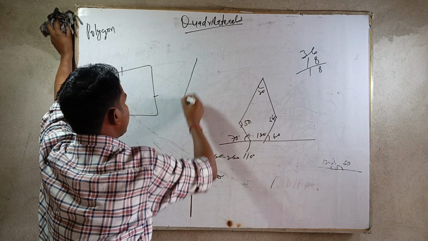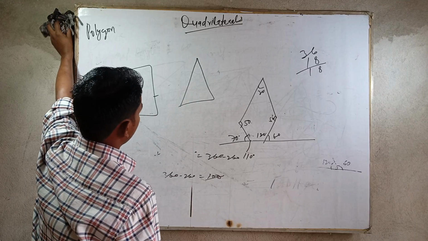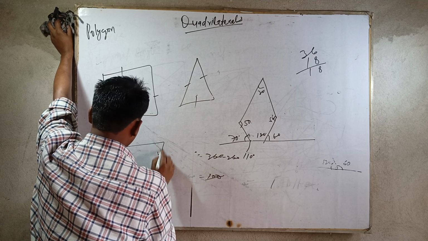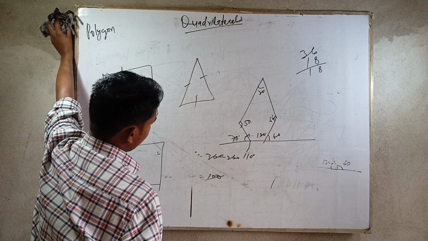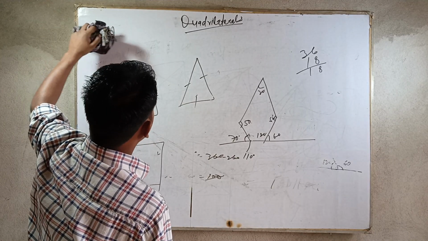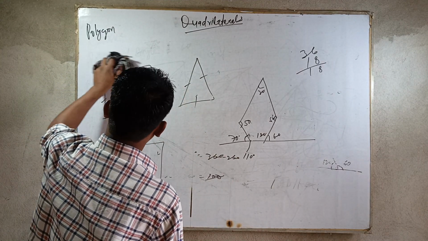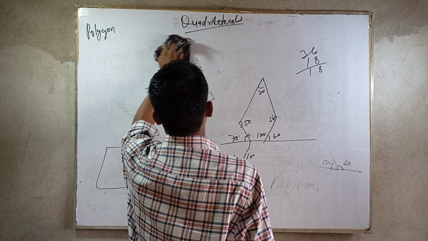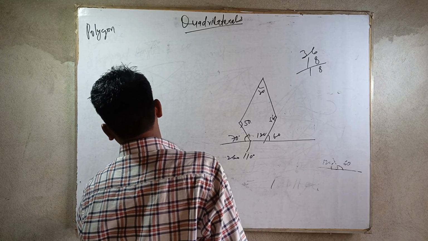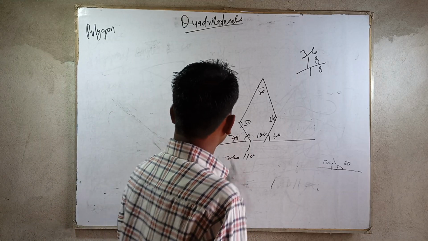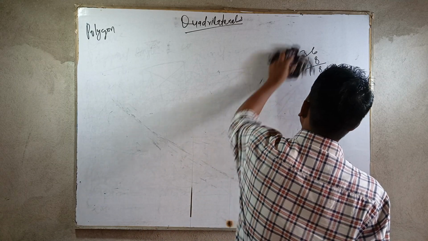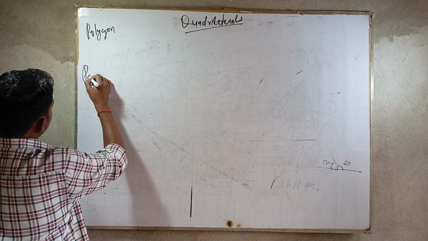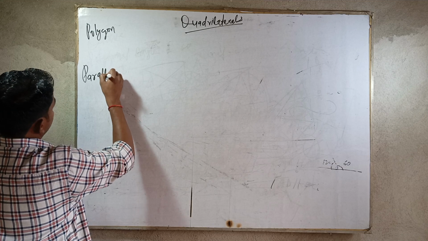An equilateral triangle is an example of a regular polygon, and irregular polygons are the rectangle and the kite, and the rhombus is also in the form of an irregular polygon. And now I need to understand the properties of a parallelogram. So I'm going to discuss the parallelogram.